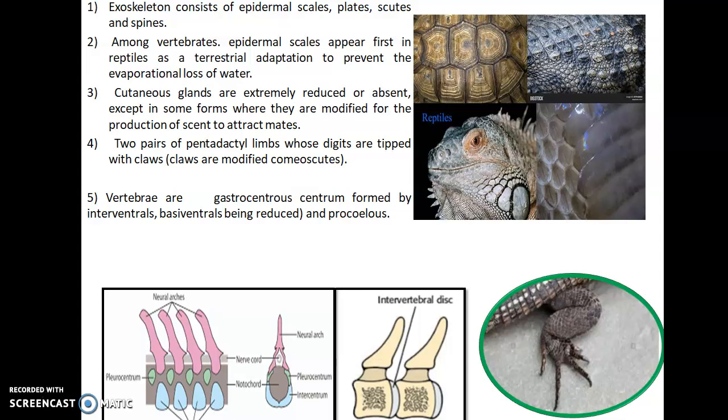What kind of exoskeleton do they produce? This tough and rough kind of epidermal exoskeleton. This is one of the features showing that the higher organisms were adapted to a terrestrial mode of life. Then, about the cutaneous glands: these are the glands found in the skin.